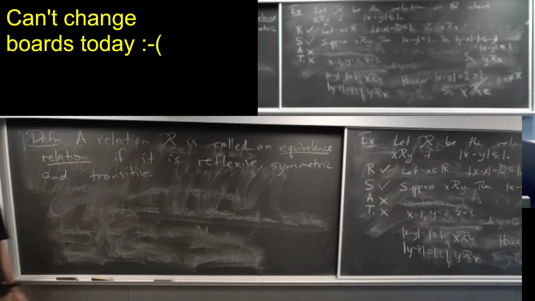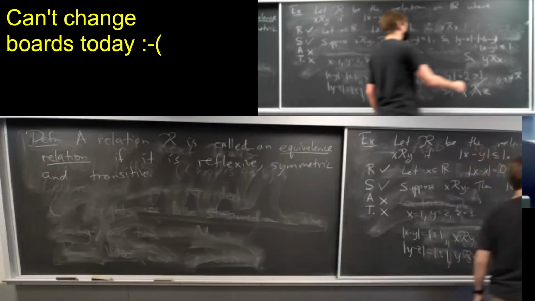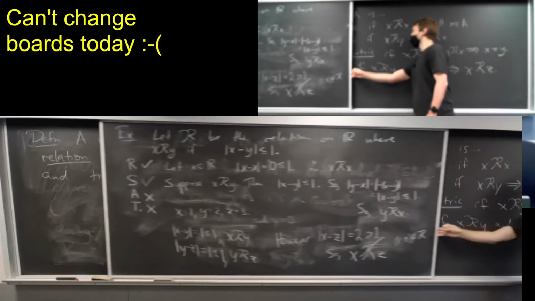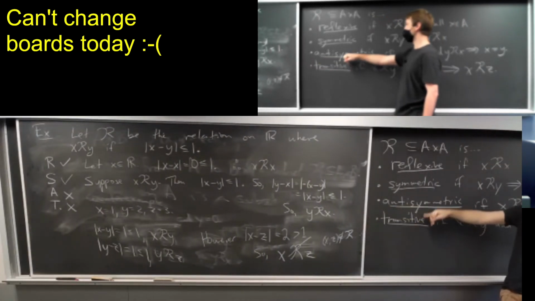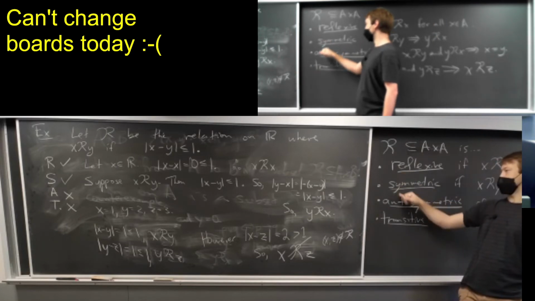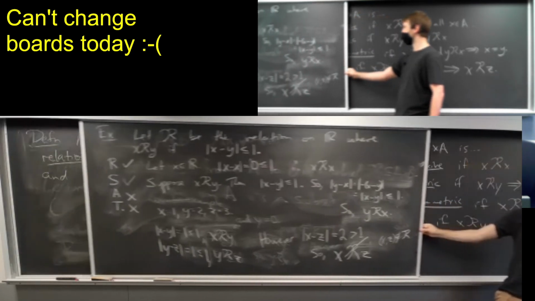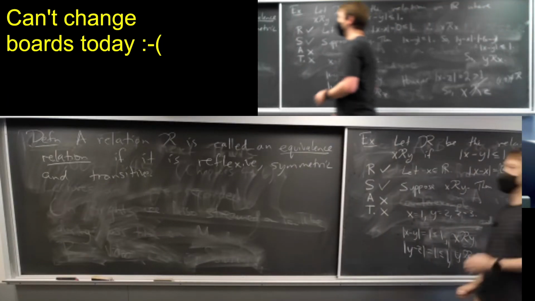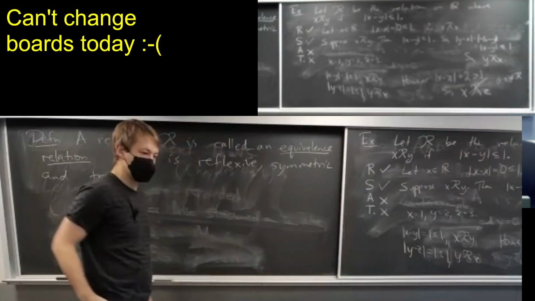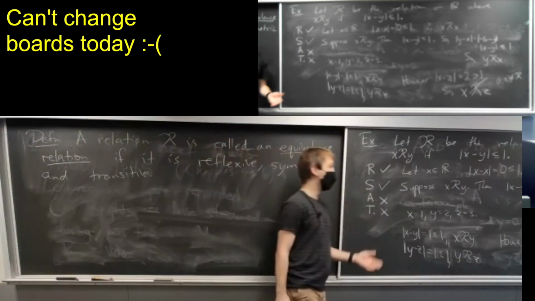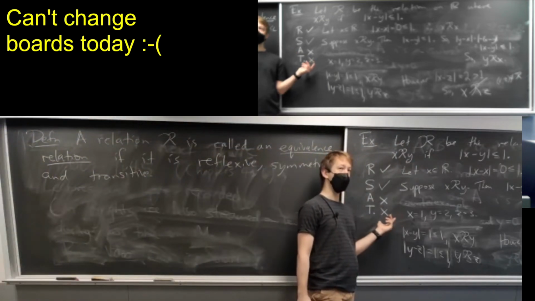Okay. So it's an equivalence relation if it satisfies these three properties. The one we leave out is anti-symmetric. So reflexive, symmetric, transitive. Okay, so in this example that we just did, it's kind of close to being an equivalence relation, right?